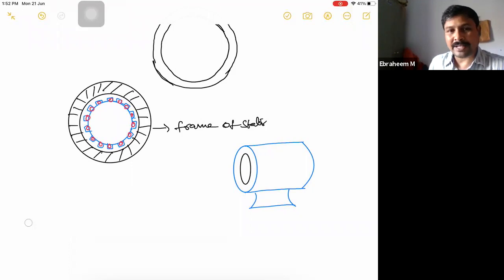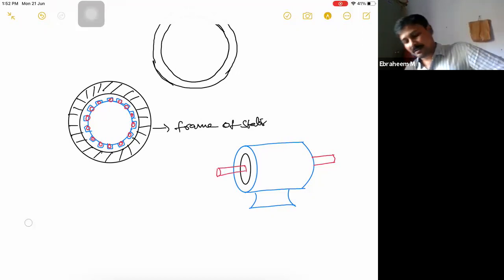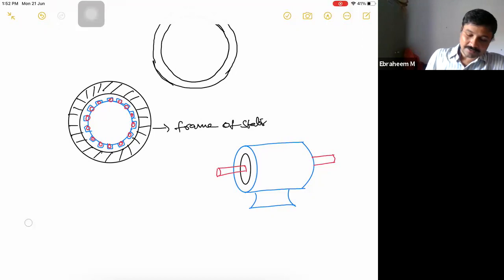It is a three-phase distributed winding. So this is a stator.